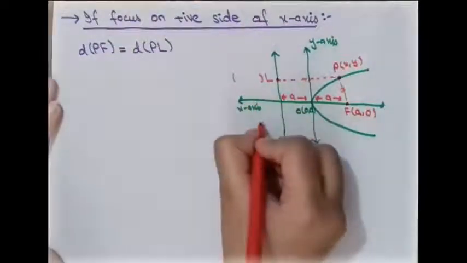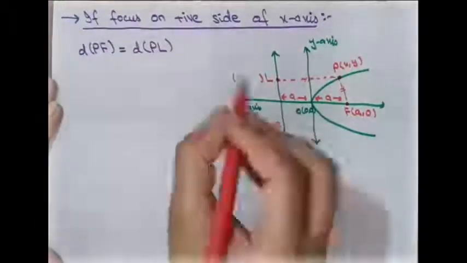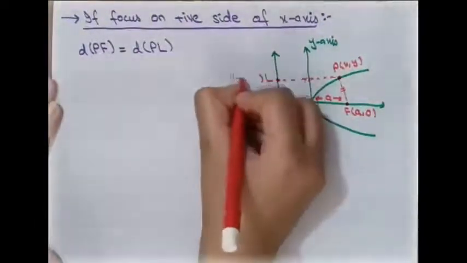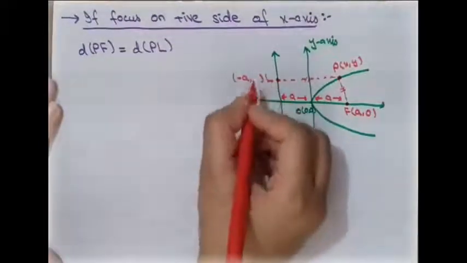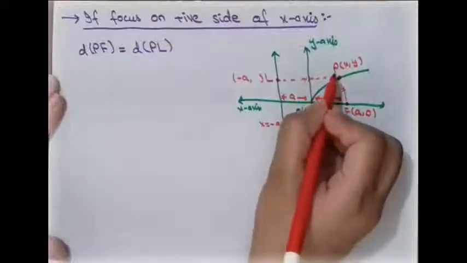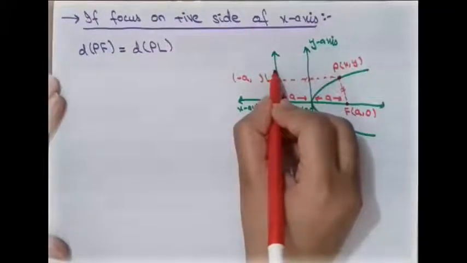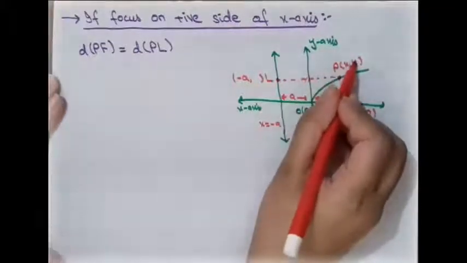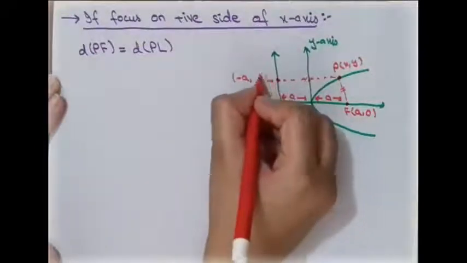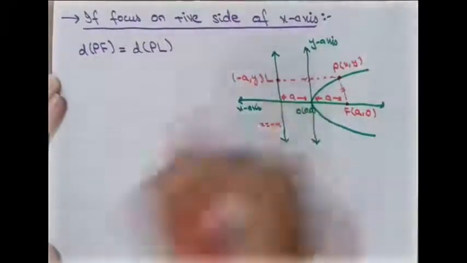So on this directrix line, x is equal to minus A. So what will be the y coordinate of this point? The distance PL is the same, so the y coordinate is the same as that of point P, which is y. So the y coordinate of this point, which we suppose is L, is also y.